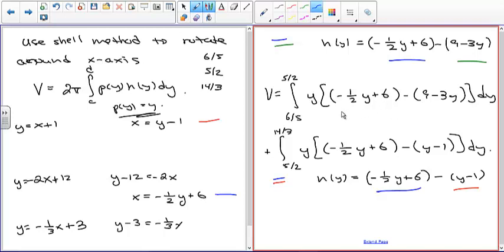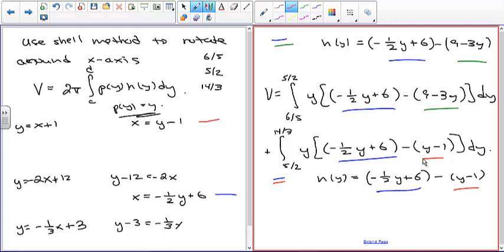So remember, this is the blue part. That's the blue equation. That's the green equation. That's the blue equation. That's the red equation. Okay. It takes a lot of thinking here, but we're dealing with linear equations, so at least the algebra is not that difficult.